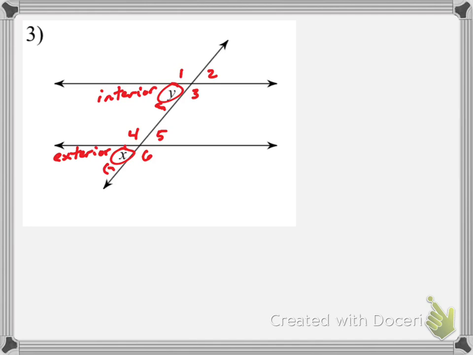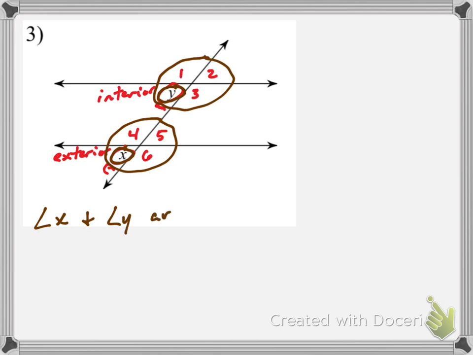What I want you to do is look at this group of angles and this group of angles, and notice something. X and Y are in the same position in both groups of angles, right? So we call these corresponding angles.